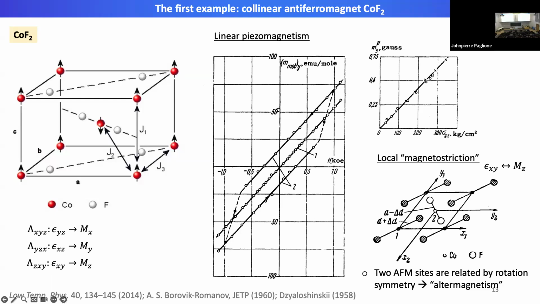And you can see that if we artificially superimpose a shear stress in the xy plane, we will have this set of cobalt fluorine bonds that's longer than the other set of cobalt fluorine bonds, right? And this makes the two sides inequivalent, and the magnetic moment of these two sides would be allowed to be different, and this would result in a z-axis net magnetic moment.